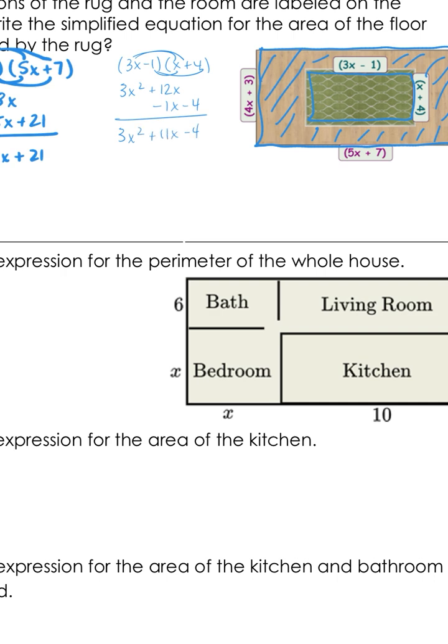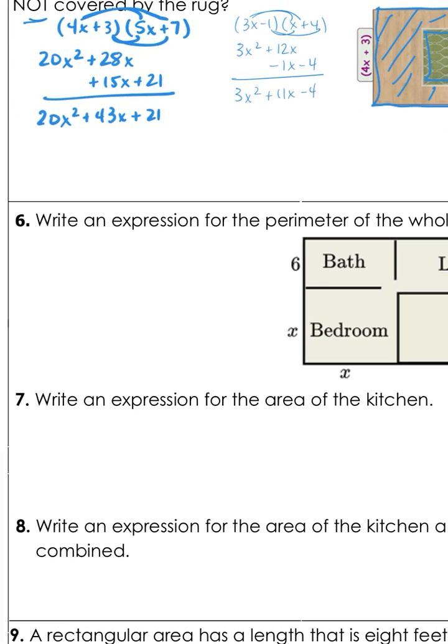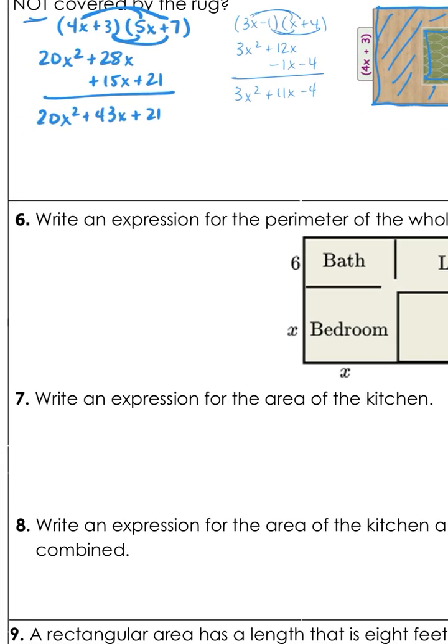That's the rug. So then my last step is I have to subtract. I'm going to take the big area minus the small area. So I'm just going to rewrite this with the signs changed. So this is really negative 3x squared minus 11x plus 4.